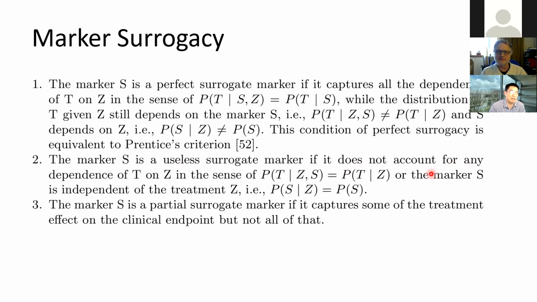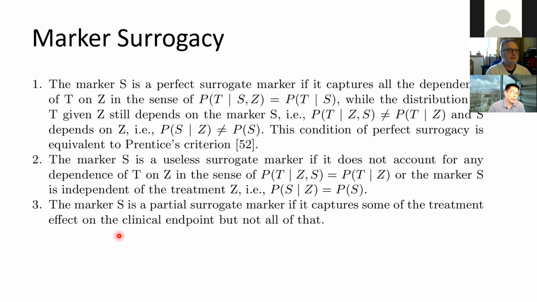A useless marker does not account for any dependence of T on Z, in the sense of conditional independence, or the marker is independent of the treatment. But there is a wide range between these two extreme scenarios, completely useless or perfect surrogate markers. It's kind of interesting, and there are a lot of scenarios.